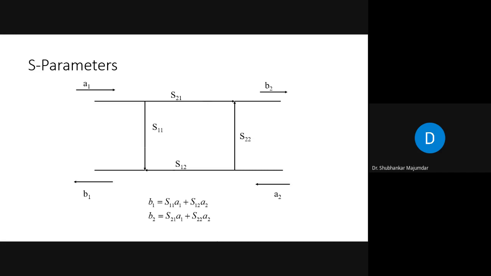So B1 is equal to S11 A1 plus S12 A2, and B2 is equal to S21 A1 plus S22 A2. So this is like a matrix based design.